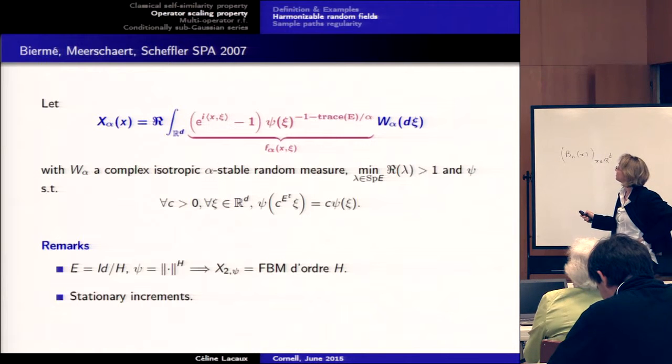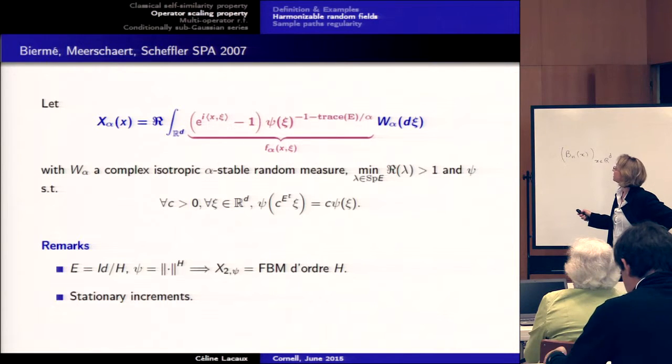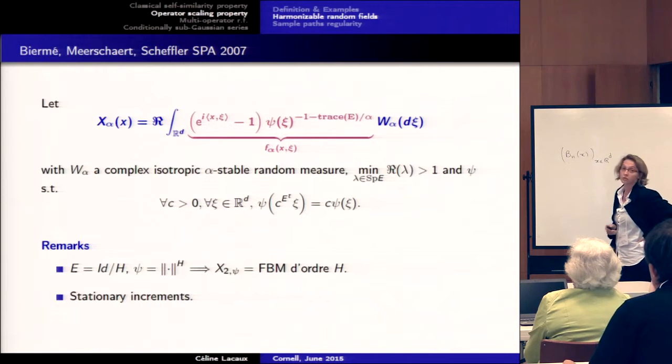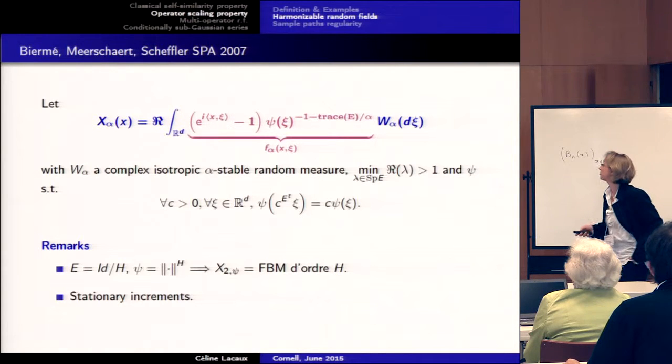The norm has been replaced by this function, to the power 1 minus 2 over E, where E will be the order of self-similarity divided by alpha. And W is no longer a Gaussian measure, it can be a complex stable random measure, and the order is alpha.